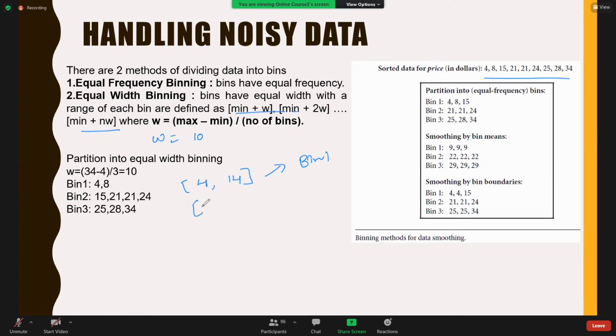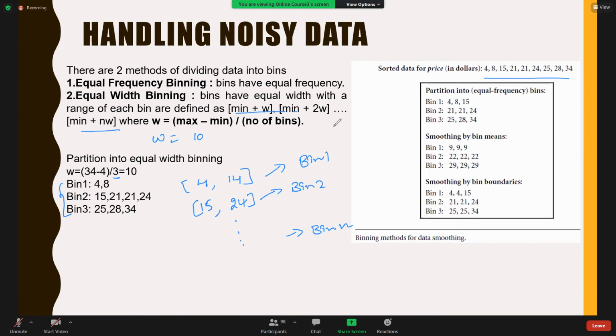And the next values, from 15 to minimum plus 2 into W, that is 4 plus 20, 24, will be bin 2. This repeats until the last bin. Here we have only 3 bins. So this is equal width binning.